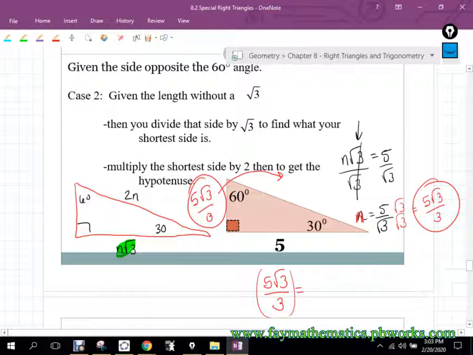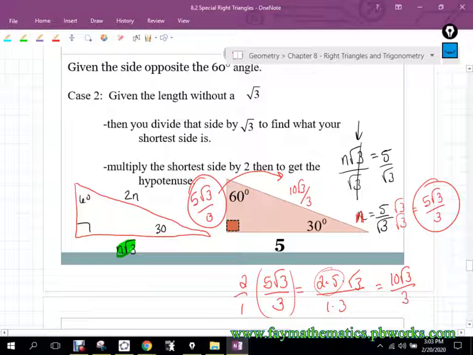Is 2 the same thing as 2 over 1? Is that a fraction times a fraction? Can I rewrite this as 2 times 5 times radical 3 over 1 times 3? These 2 and 5 work together real well through multiplication. It's going to be 10 radical 3 over 3. That makes sense?